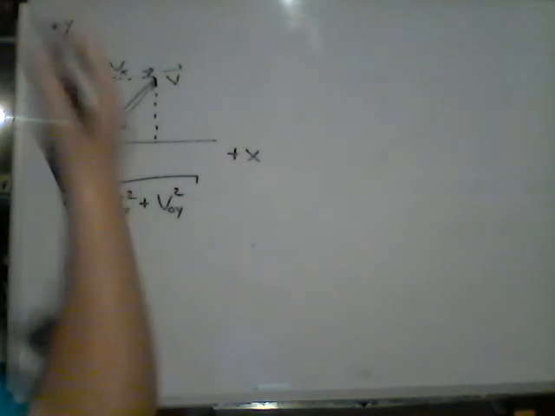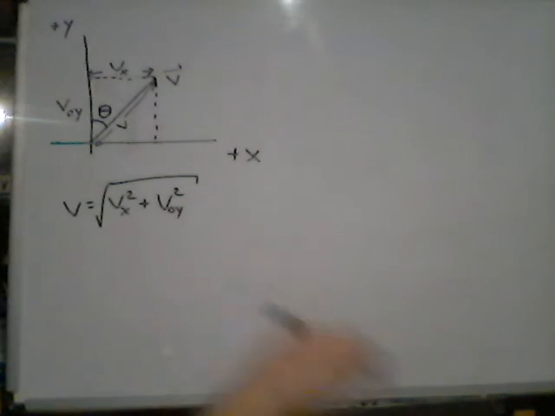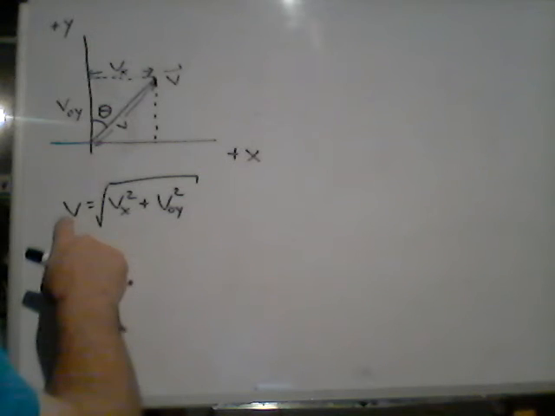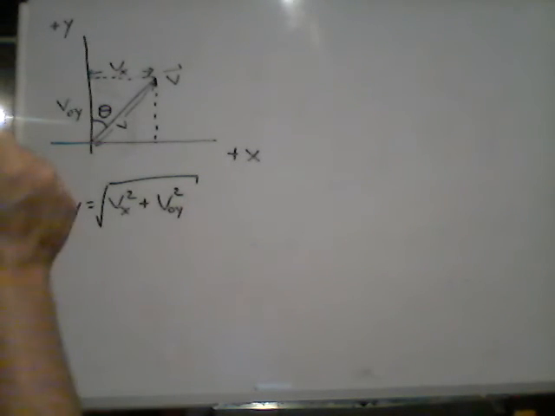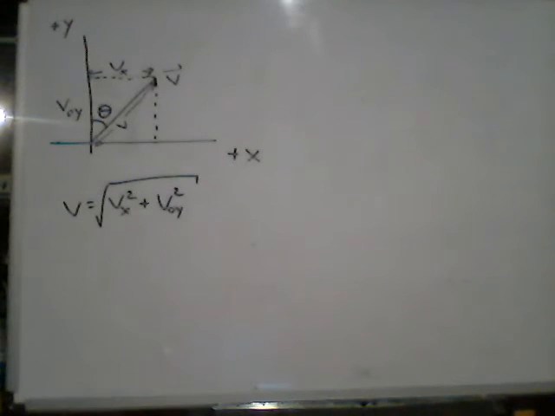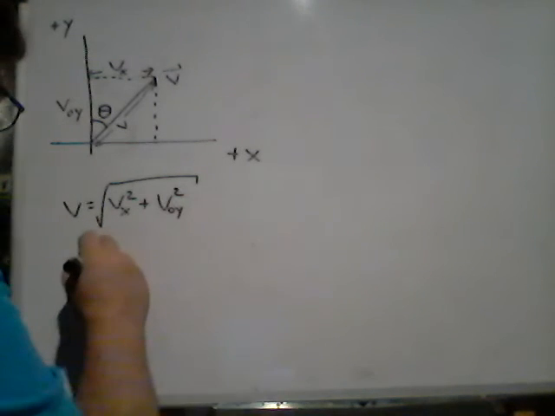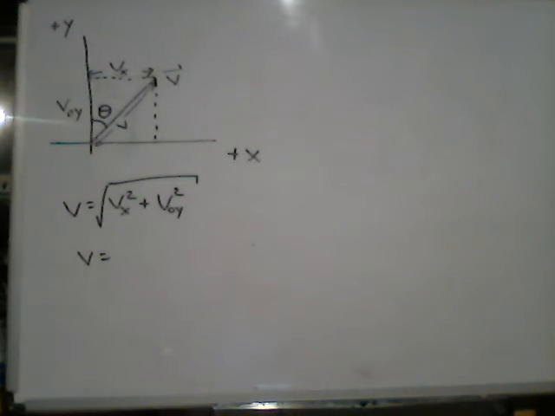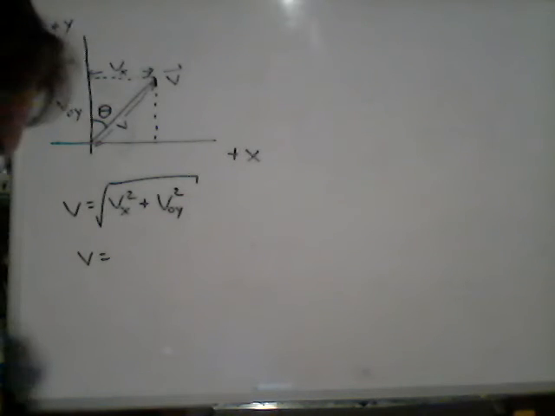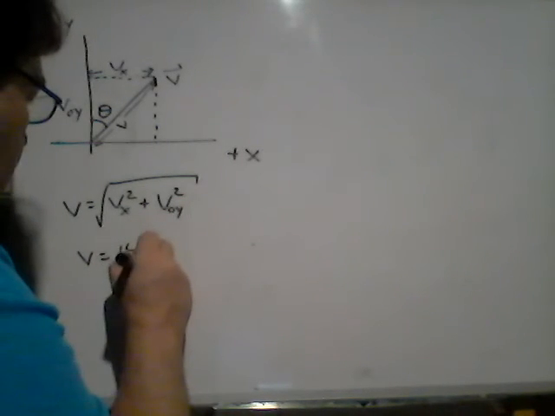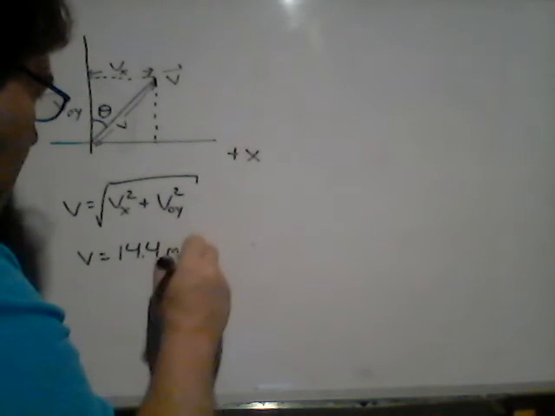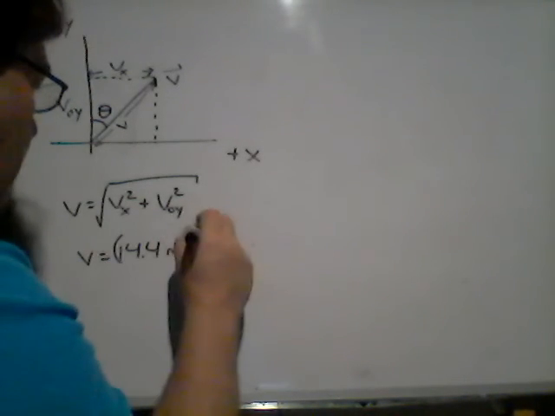And so you determine the magnitude by taking the Pythagorean theorem, v squared equals v sub x squared plus v naught sub y squared, and taking the square root of both sides. That is just two steps of algebra 1. So v will be, we have v sub x. What did we find out that it was? It was 14.4 meters per second, quantity squared.